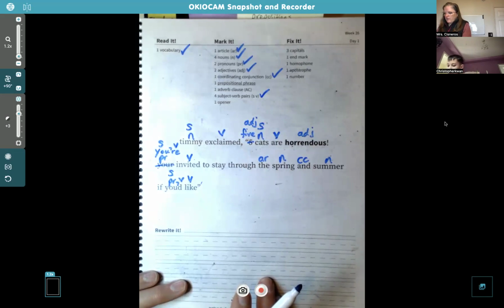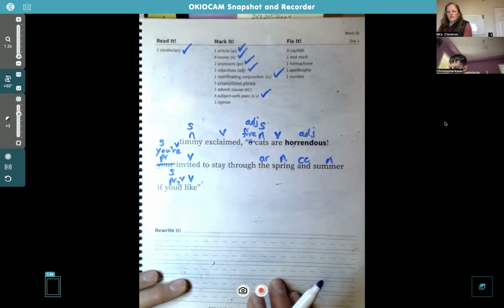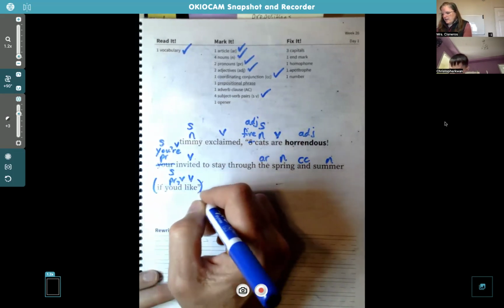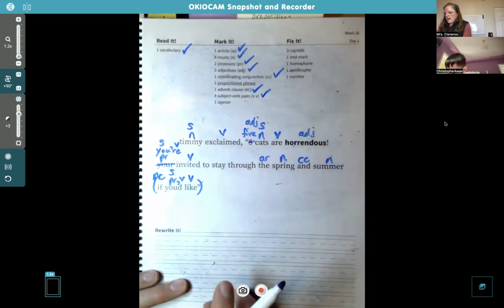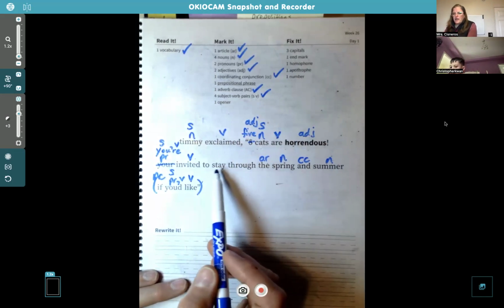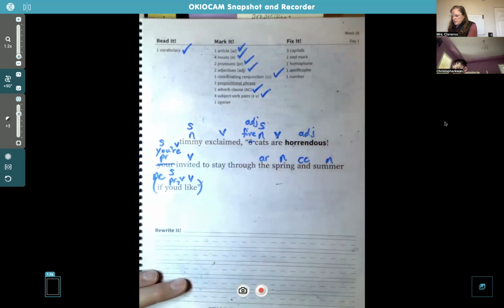What about the adverb clause? If you'd like. Good. Yes. If you'd like. You see here. And now we know it's not going to be to stay, but where is the prepositional phrase now?